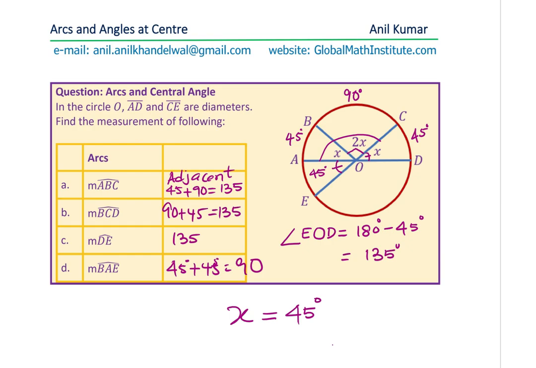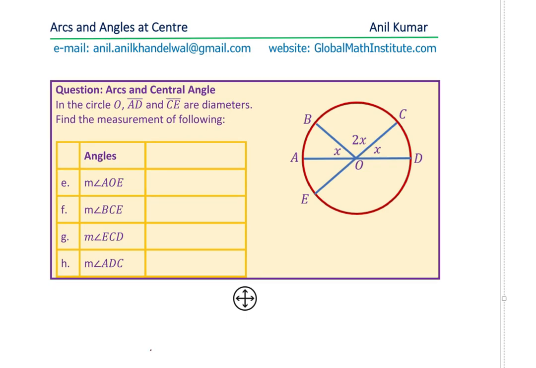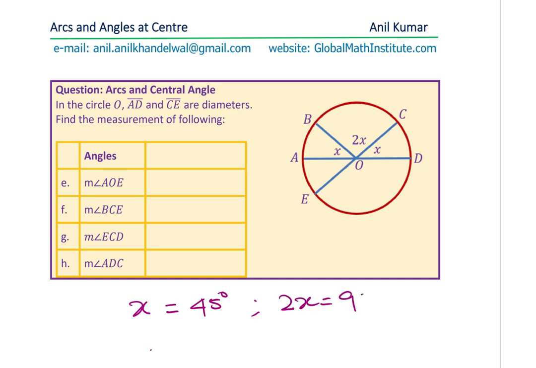Now, let us look into the angles. We have already calculated that the angle x is 45 degrees, and clearly we have 2x equals 90 degrees. So that should help you to find all the angles. Measurement of angle AOE. So AOE means this angle.